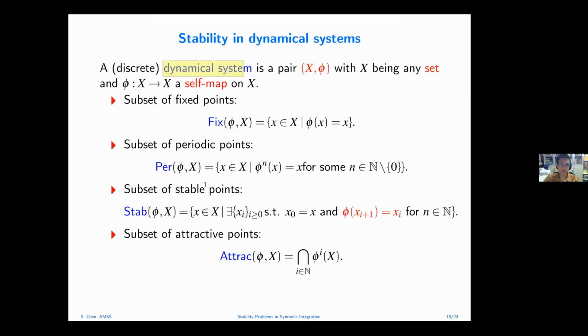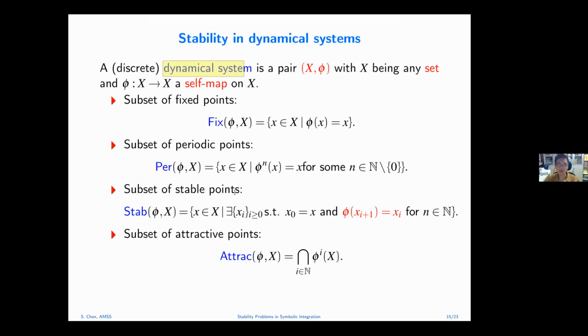The next 2 are a little bit technical, but actually are also very important for understanding the dynamical system. One is the so-called stable points. What does stable point mean? Actually, a stable point is like you're going back. Usually when you think about the dynamical system, you iterate phi in the positive direction, which means phi^n with n non-negative.